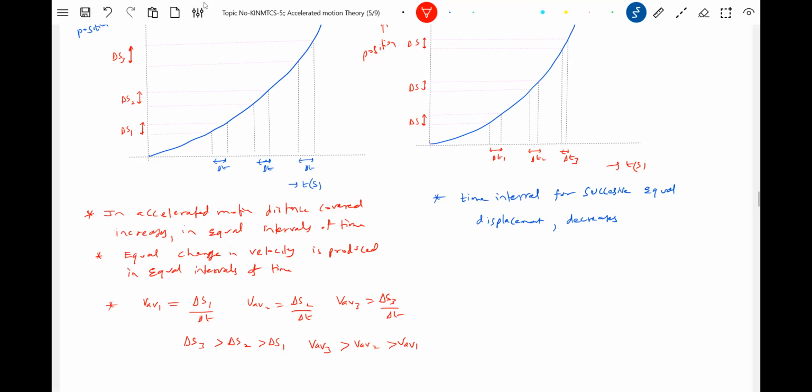For equal intervals of time, the average velocity will keep on increasing. So what is the statement? We can write it here: average velocity taken over equal intervals of time will increase.